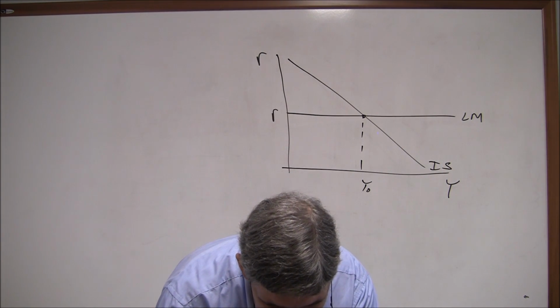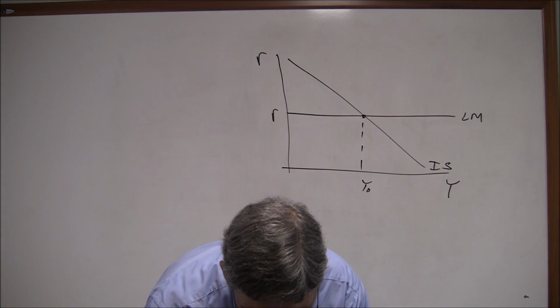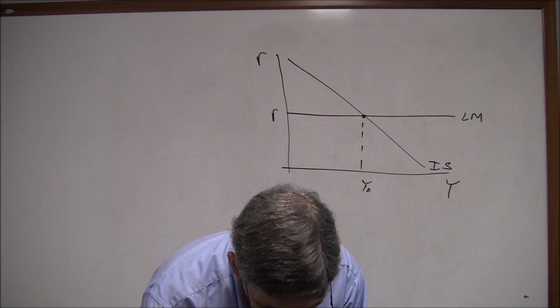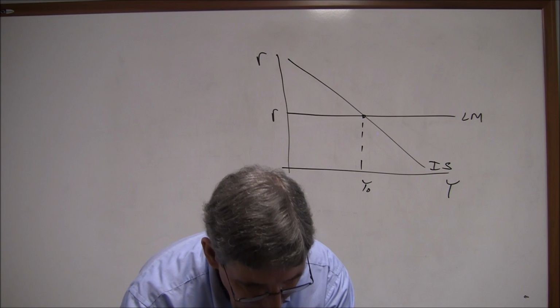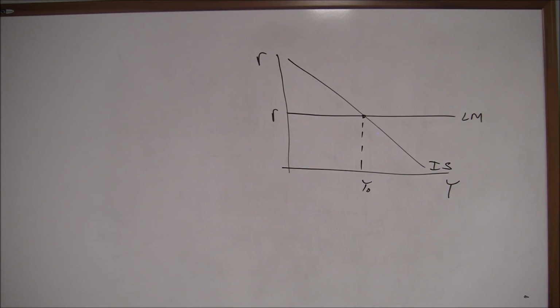Okay, so now we finally have our IS-LM model as the book does them. Now we need to go through monetary and fiscal policy. So let's start with fiscal policy.